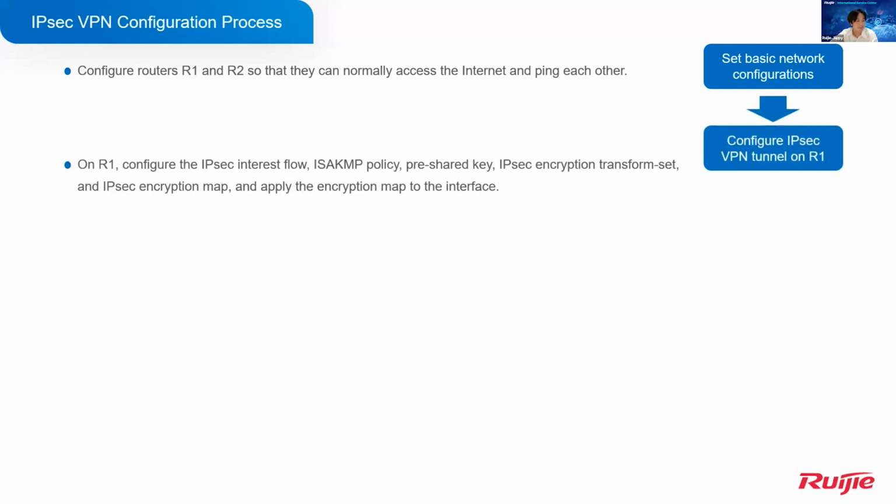After that, you will configure router 1 to set up the IPsec instance and define the IKE policy, pre-shared key, IPsec encryption transform set, and the encryption map. Finally, we need to map the encryption to your outgoing interface.